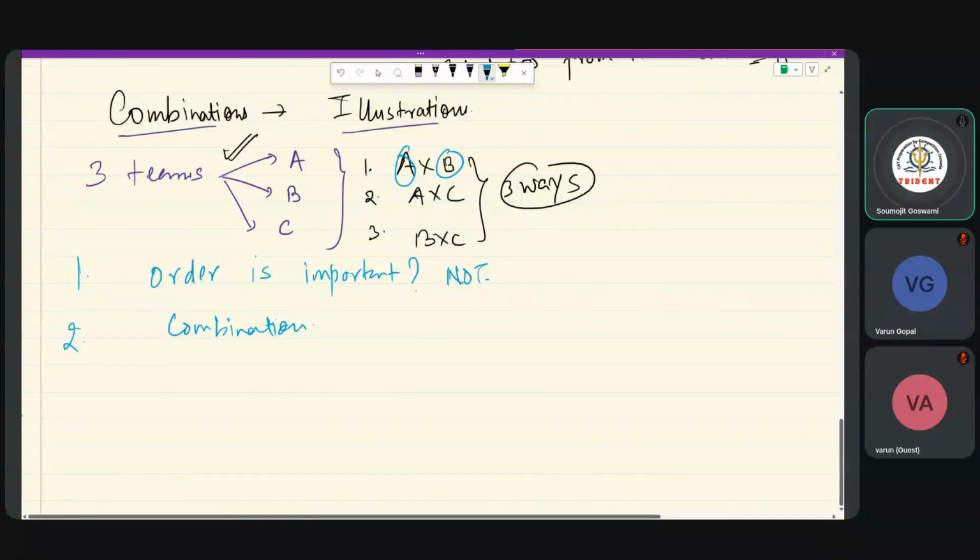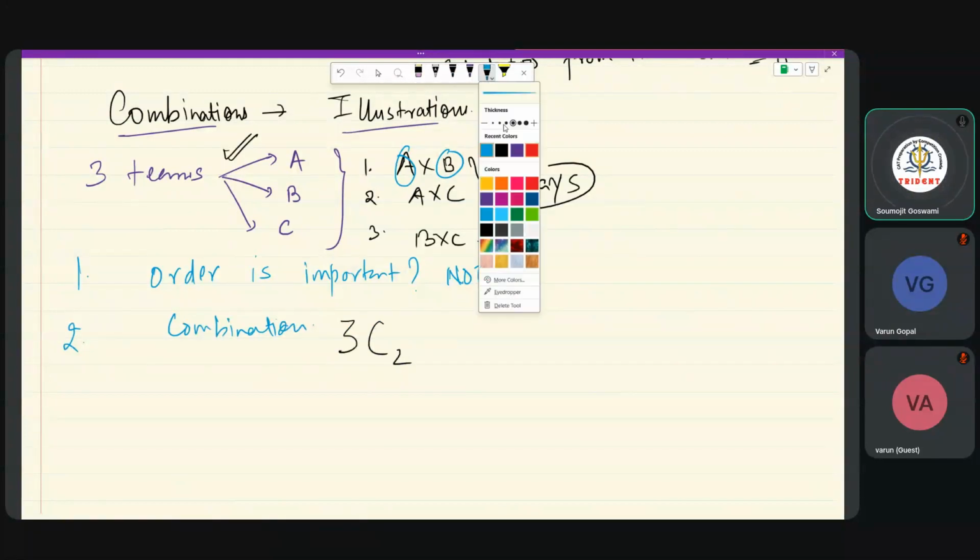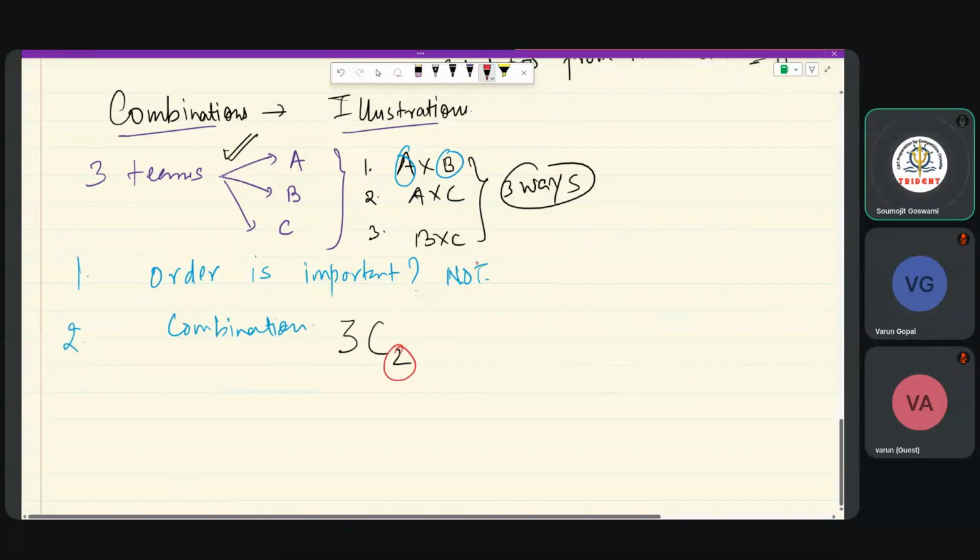Now we will employ the technique. Typically, this is how we will do it. We write it like this. What does this mean? It means that we select 2 from 3 items.